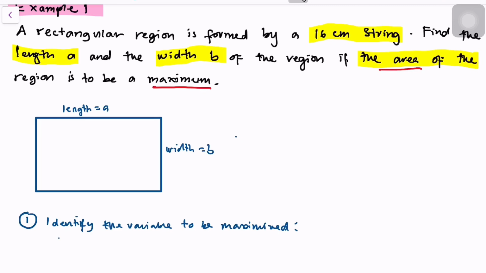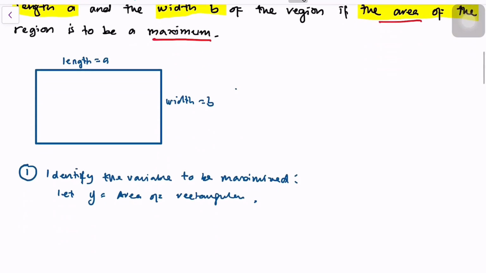So saya akan let y equals to area of the rectangle. We know that the formula of area of a rectangle is A times B, therefore y equals to AB. So this is actually the variable that needs to be identified, which is y.